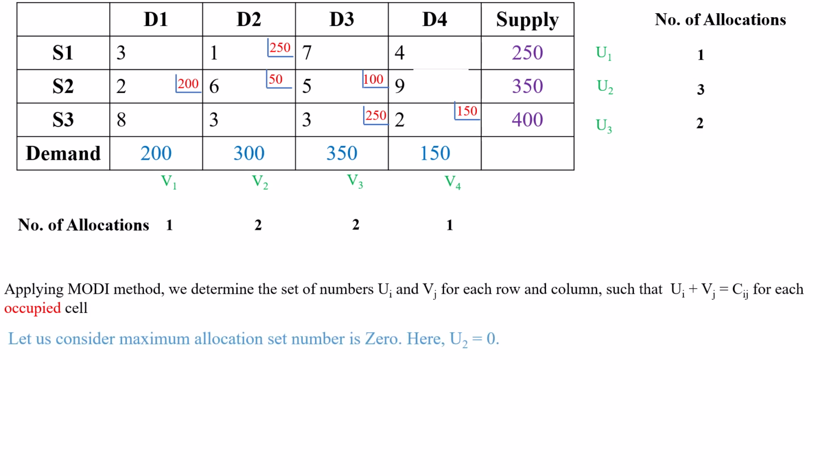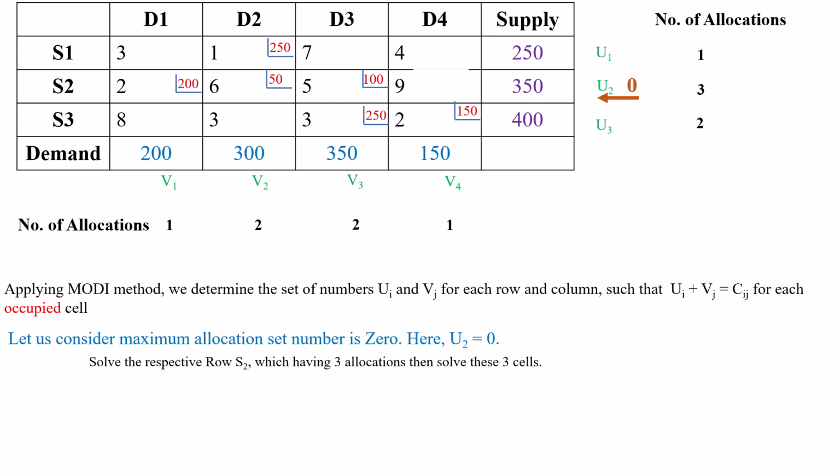So next we have to determine these set numbers U1, U2, U3 as well as V1, V2, V3 and V4. For this, initially you consider the set number with the maximum allocations as 0. Here the maximum number of allocations is in the S2 row, whose set number is U2, so initially I consider U2 is 0.